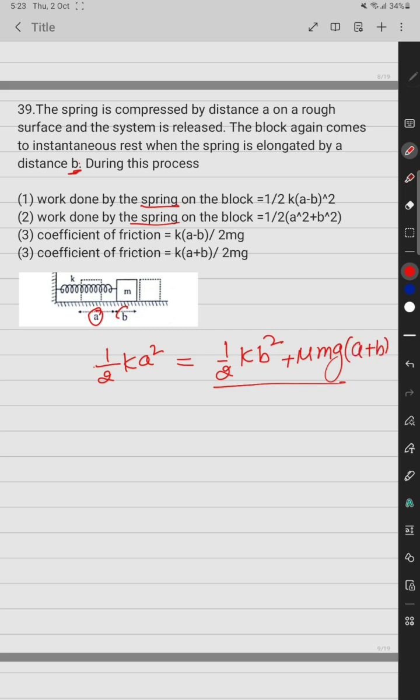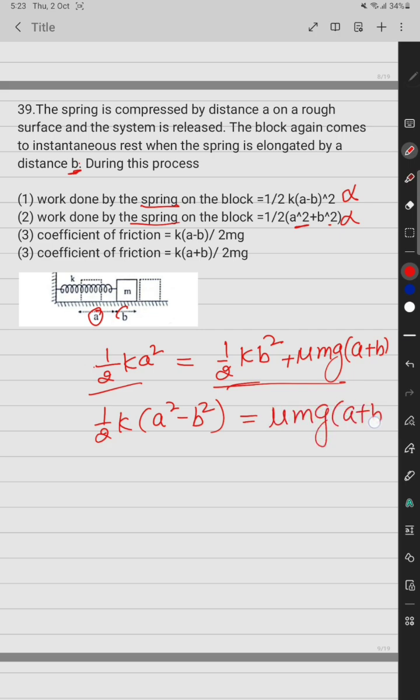Then work done by the spring on the block, that is the difference of these two terms, and here the option is half k a minus b whole square and half k a square plus b square, both are incorrect. Then if we calculate the coefficient of friction, according to this it is half of k a square minus b square, that is equal to mu of mg a plus b.